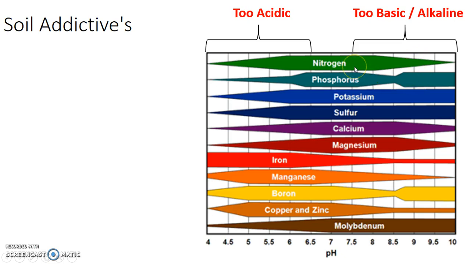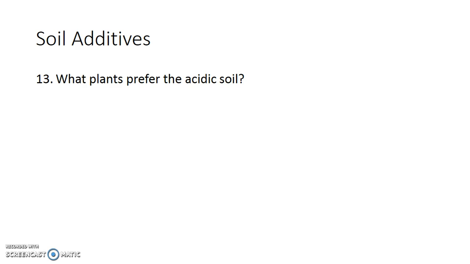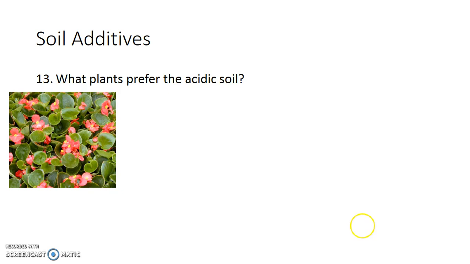If you follow that logic, neutral soil, soil that is a pH between 6.5 and 7.5, has the highest concentration of nutrients in it, and therefore it's the best for most plants. However, some plants do prefer more acidic soil, and we'll just quickly go through these.